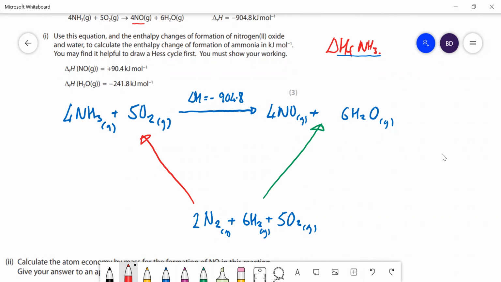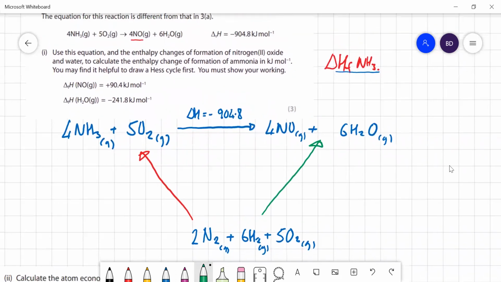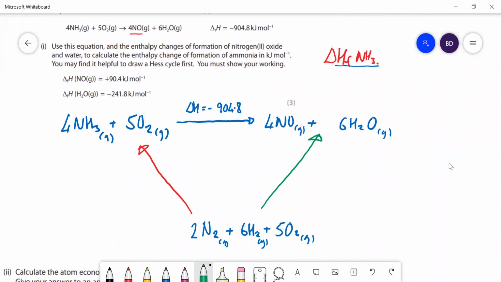So, right, here we're making 4 moles of NO, and delta HF for that is plus 90.4. So we're going to have 4 times 90.4, and that's all positive. And we're also forming 6 moles of gaseous water, so that's going to be 6 times minus 241.2, that's a negative value.